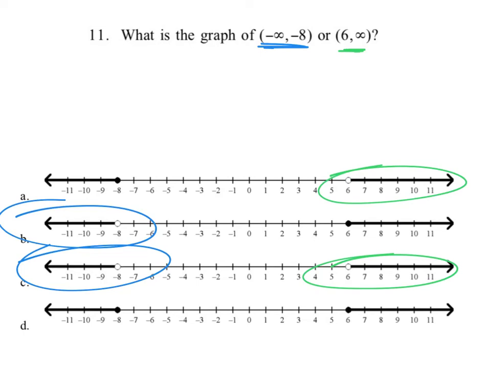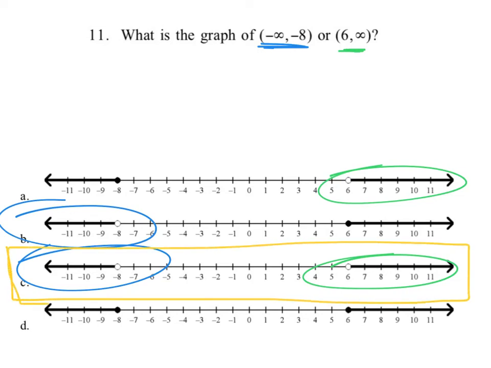And there's only one answer that has both of them correctly done, and you can see that that's C, this third one. Since the endpoints that aren't infinity or negative infinity have parentheses, which says don't include them, those endpoints shouldn't be filled in. Okay, one more.